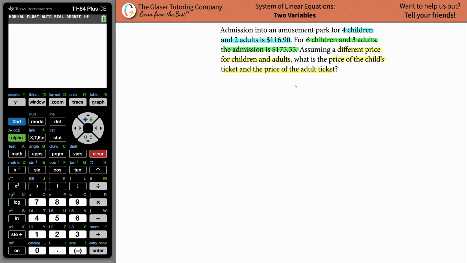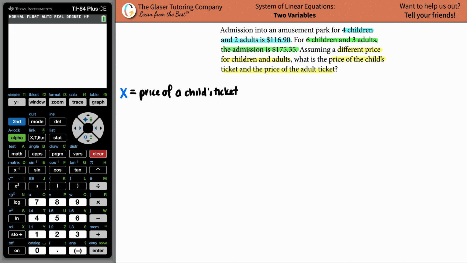Usually when we have variables, we give them a letter: A, B, C, X, Y, Z. Usually with math, it's going to stem from X. So let's start there. I'm going to say X equals, and since they said the price of the child's ticket first, X equals the price of a child's ticket.